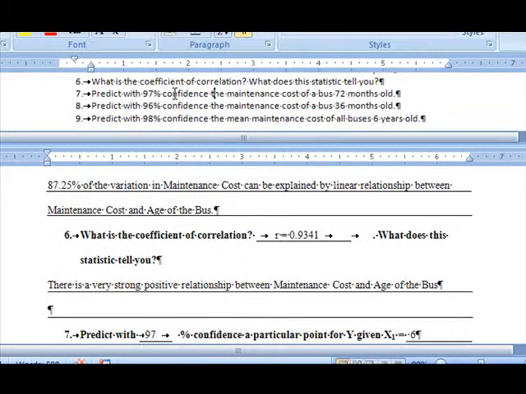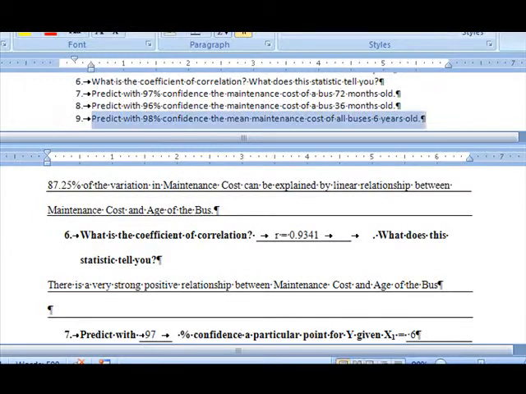Predict with 97% confidence the maintenance cost of a bus 72 months old. Predict with 96% confidence the maintenance cost of a bus 36 months old. These two are pretty much the same, except for the confidence level and the values given for your X. So those two values are the ones that are going to determine which one you use. So they're very similar really, and we'll see what the difference is.